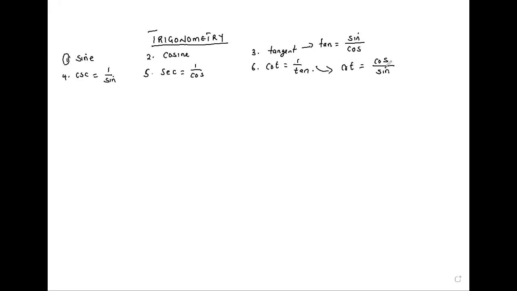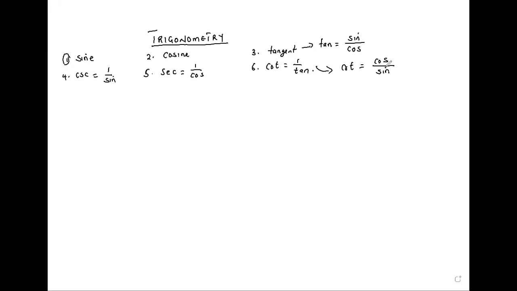So this means that to understand the whole of trigonometry, what one needs to do is just to understand sine and cosine. Because out of sine, we have cosec. Out of cosine, we have sec.